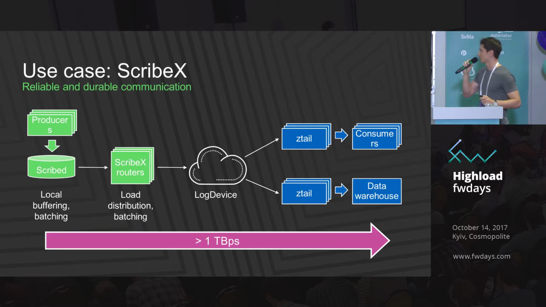Let's take a look at a different example. It's a system called Scribe used at Facebook. It has a slightly different use case. This is an example of a fire-and-forget system, where we want to send some data, record some changes, save some log in the system, and continue execution without waiting for a message that this change has been saved.